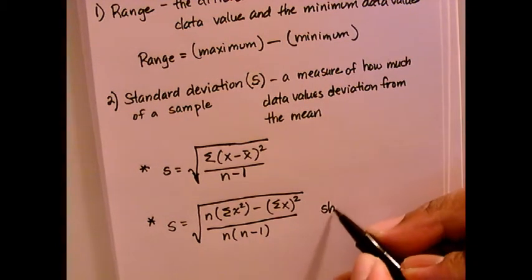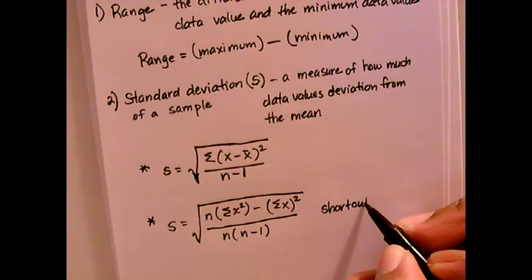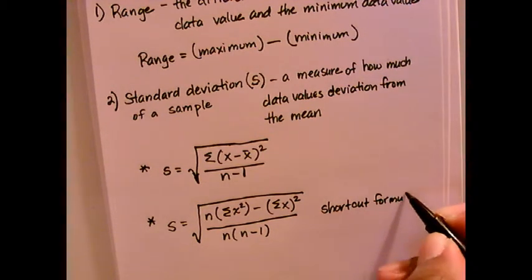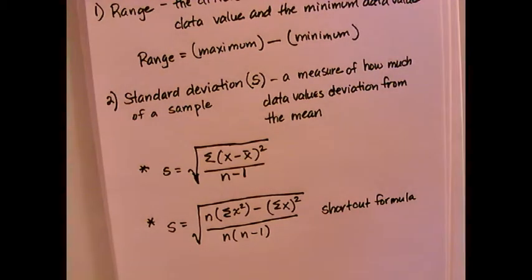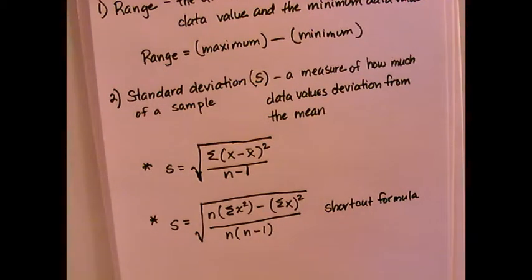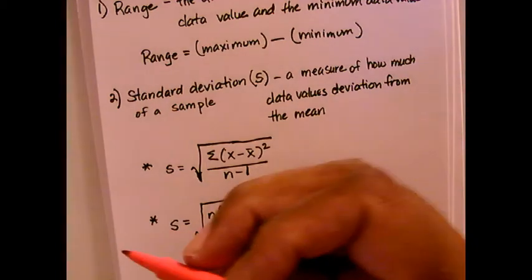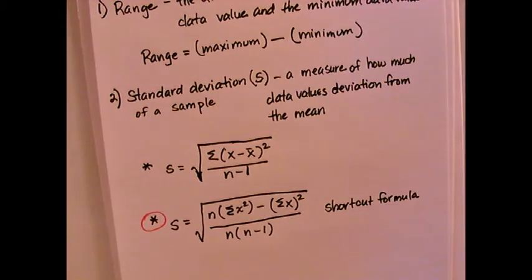We call this the shortcut formula because you're only using your x values and the squares of your x values. That's why it's called the shortcut formula for your sample standard deviation, and it's the one we will be using in this video when we find the standard deviation of a set of data.